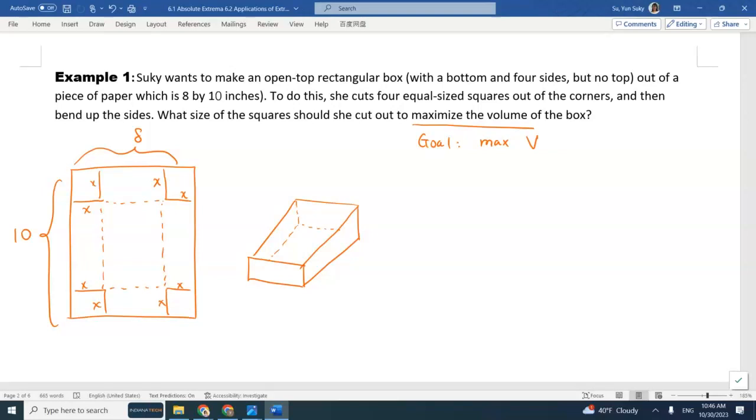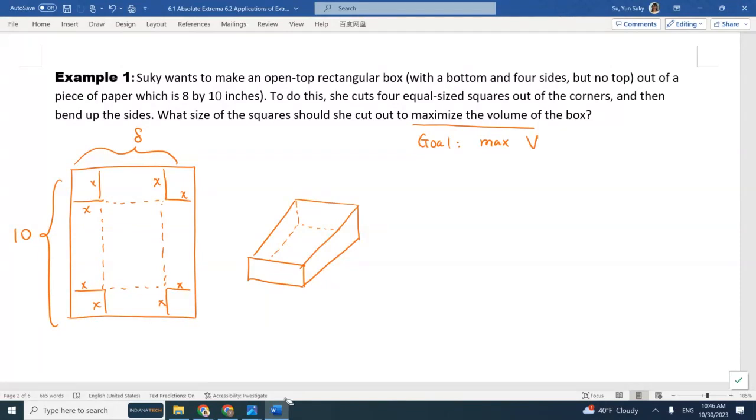So we want to relate the volume of the box. Do you see the width is actually 8 minus what? Minus 2x, right? It's 8, and you minus 2x. That's the width.